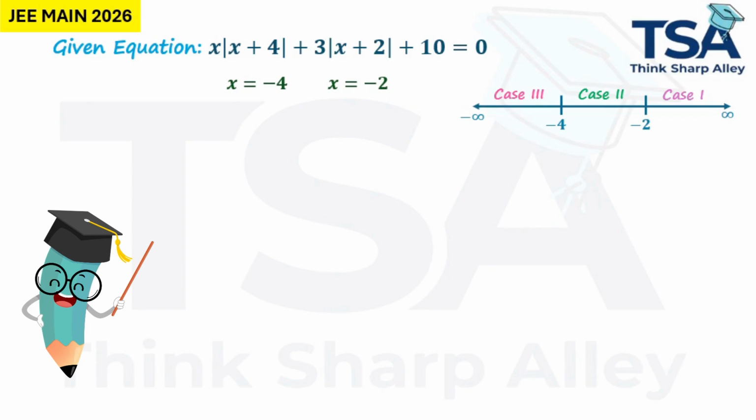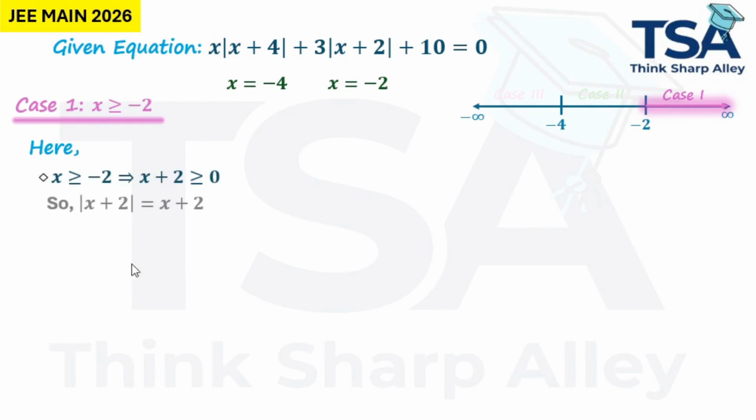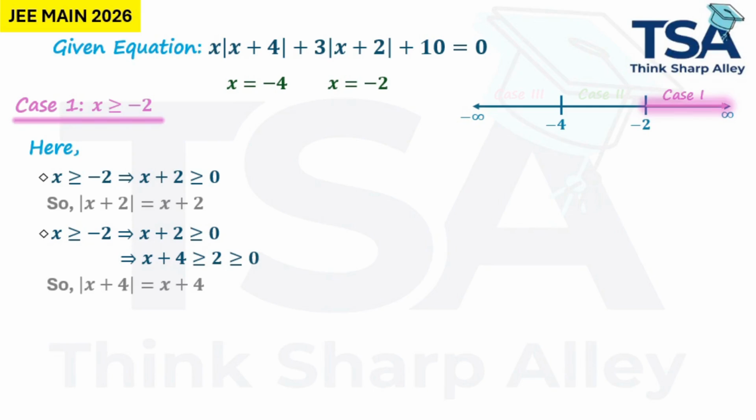So let's look at the first zone, which is case 1, x greater than or equal to minus 2. Now when x is greater than or equal to minus 2, both absolute value expressions open with a positive sign. Because x greater than or equal to minus 2 means x plus 2 is greater than or equal to 0. And if I add 2 on both sides, I get x plus 4 is greater than or equal to 2, which is greater than or equal to 0. So modulus x plus 4 is also equal to x plus 4.